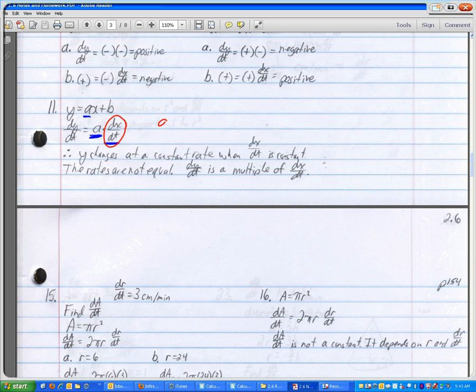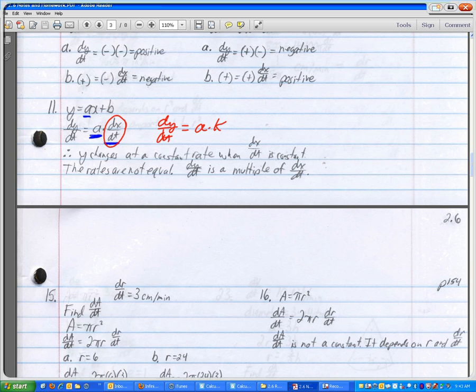So if I rewrote that as dy dt equals the constant a times the constant k, is dy dt a constant? Yeah. So if dx dt is a constant, then dy dt is a constant, which means y does change at a constant rate if dx dt is a constant.